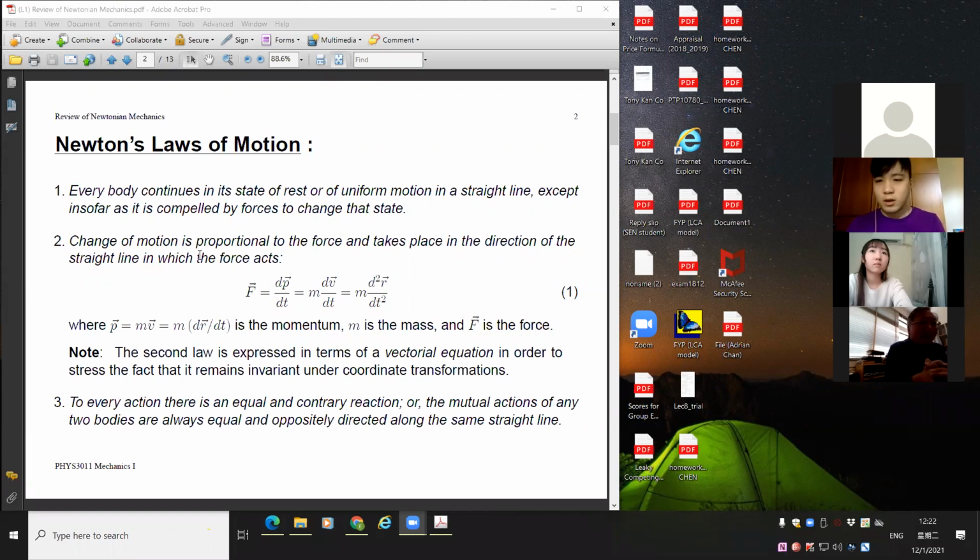Why are they valid? For example, we all know about the so-called Kepler's laws, right? After collecting all the astronomical data of the planetary motion, Kepler analyzed them and deduced the 3 laws. But if you ask him why it is so, he could not answer you.